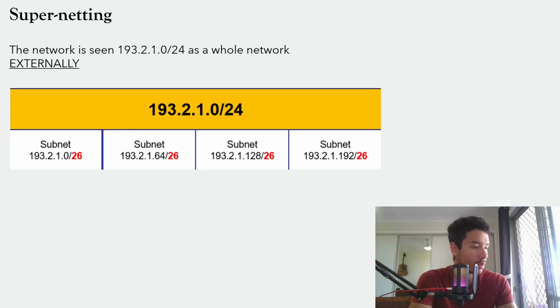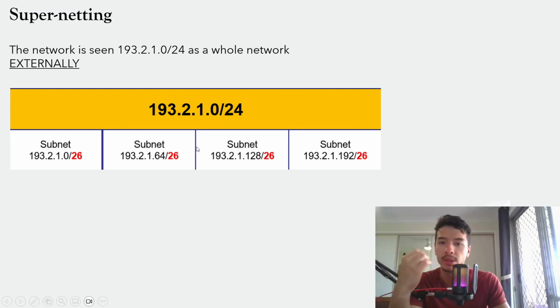You've borrowed 2 bits, leaving 6 host bits, so 2 to the power of 6, which is 64 addresses per subnet: 0, 64, 128, 192, and the next one would extend from there. Aggregation of these networks would equal the original network. We'll get into how it's done, but you can get the main premise here. You're getting the base network of what all these would be.